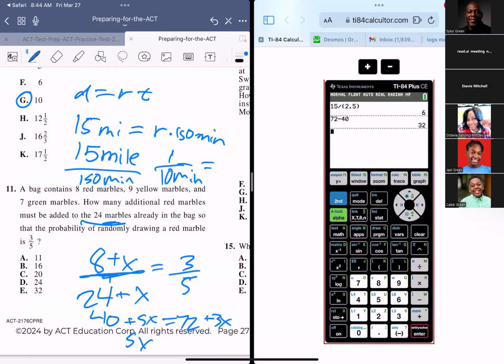You get 5x equals 32 plus 3x. And then 2x equals 32. If you subtract 3x on both sides, that means 16 equals x.